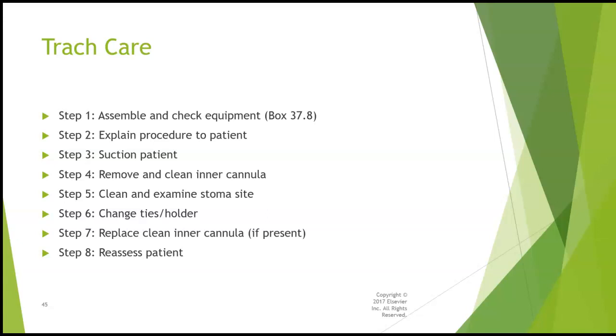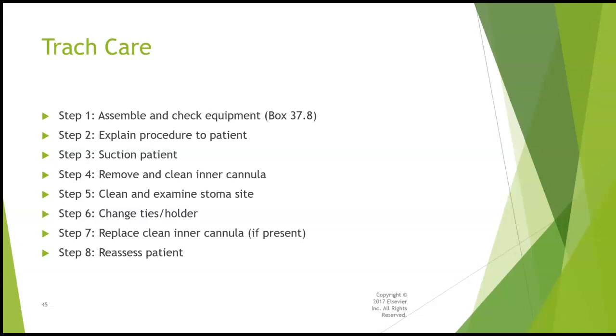I'm going to remove the inner cannula. If it's non-disposable, I'm going to clean it then. If it's disposable, I'll just throw it out. Then I'm going to clean and examine the stoma site. You're always looking for any signs of redness, infection, or skin irritation.